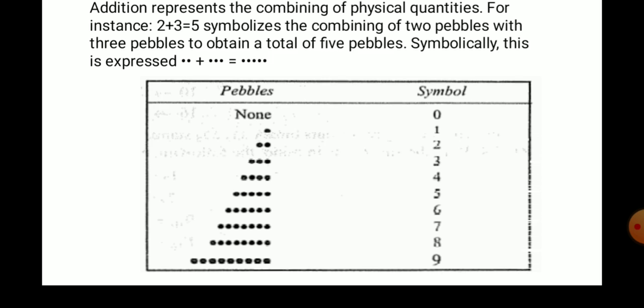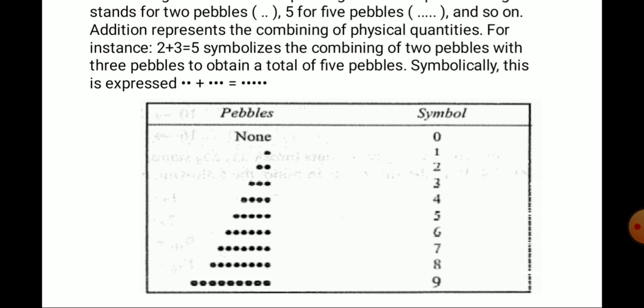This can be symbolically represented as 2 pebbles plus 3 pebbles equal to 5 pebbles. That's what we represent using the digital values 2 plus 3 equal to 5.